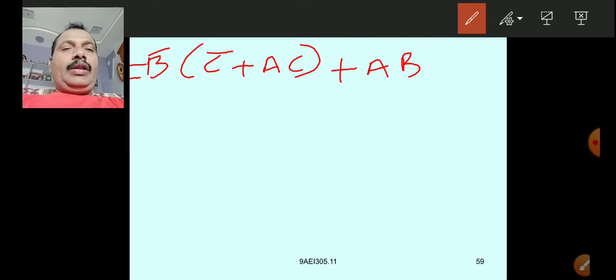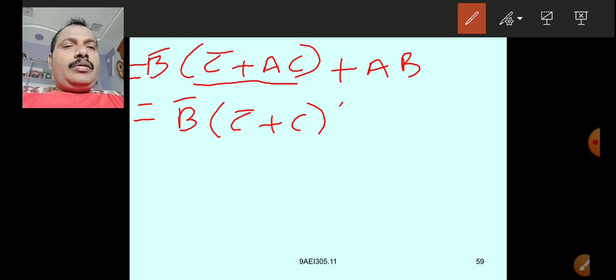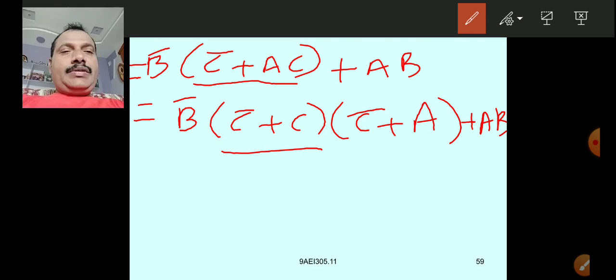Now this term you can write like this: c bar plus c, c bar plus A. By Boolean laws, this c bar plus c becomes 1.